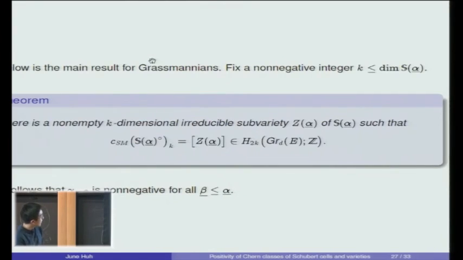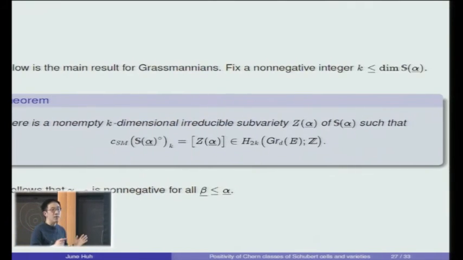But as I said, I use very little about this special property of Schubert varieties in Grassmannians. So let me try to tell you what's going on behind the statement in general. There's only one special fact I'm using about Schubert varieties in Grassmannians.